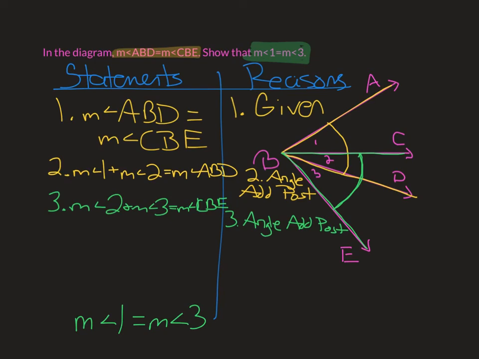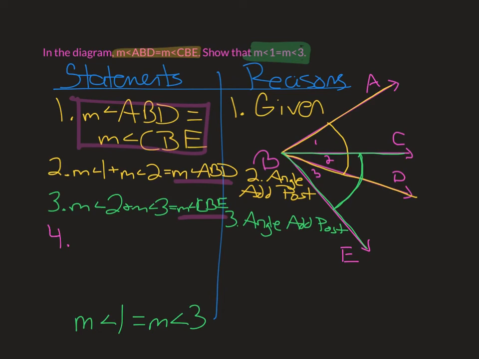Now you want to look at what you have already in the proof and see if you can combine it. You might notice that the measure of ABD equals the measure of CBE. I've got ABD here and CBE here. I know they have to be equal, but I also know ABD equals the measure of 1 plus the measure of 2 from statement 2. And I know the measure of angle CBE from statement 3 is equal to the measure of angle 2 plus the measure of angle 3. So I can combine those statements. I'm going to use statements 2 and 3 and combine them into statement 1.